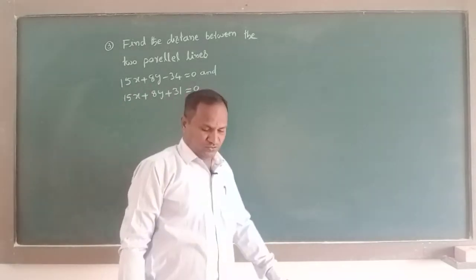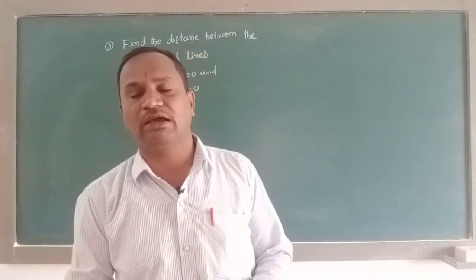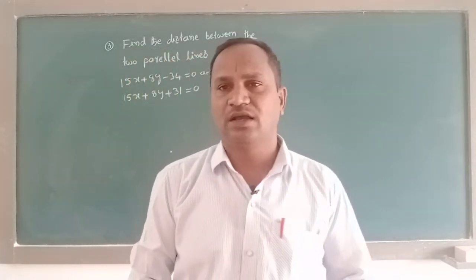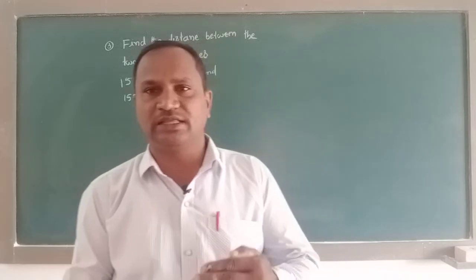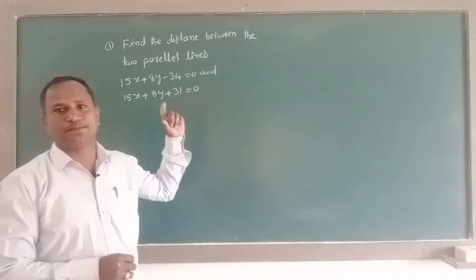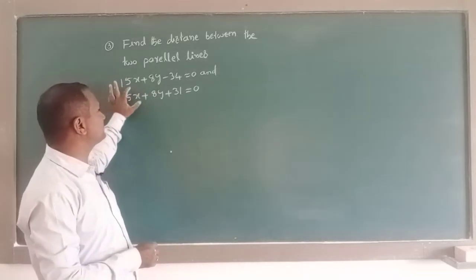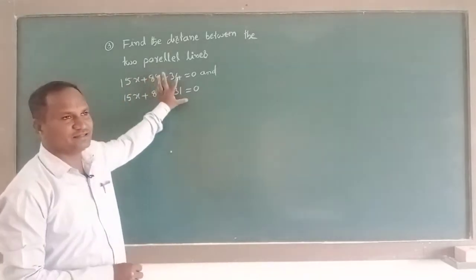Here, they have mentioned that the two lines are parallel lines. How do we tell that the given two lines are parallel? If we observe the coefficients of x and y in these lines, they are the same, but the constants are different.